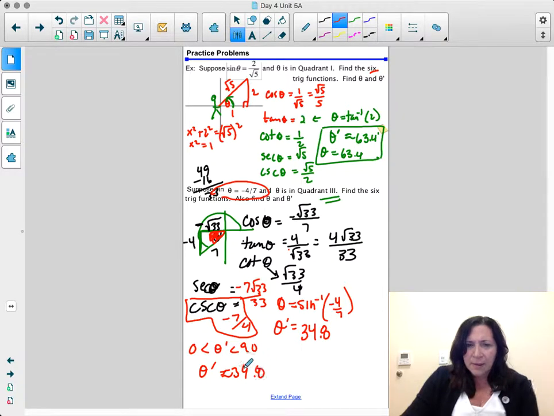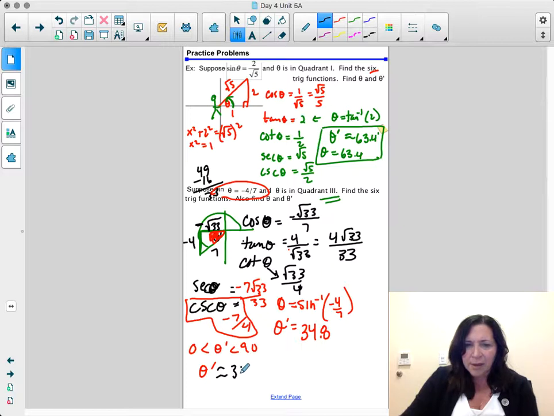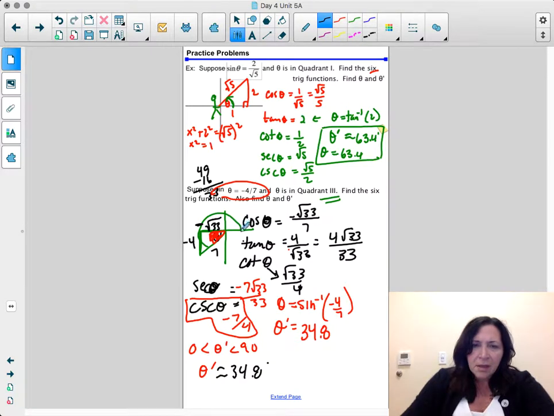But you got to ask yourself, can 34.8 possibly be my actual angle? And you should know that, look where you're at. To get from here all the way over to here is no way going to be 34 degrees. This little part inside here is 34 degrees.